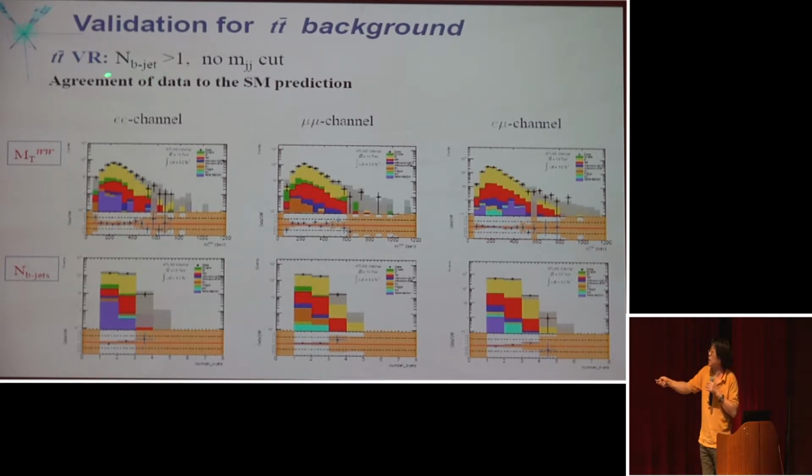B-tagging is very useful. Top will go to B, but W won't, so this is one dominant feature to distinguish W from whatever the background. The agreement is shown up here. This is shown on the transverse mass. As we said, it's a final state looking for two leptons or 2 W that decay into lepton and neutrino.